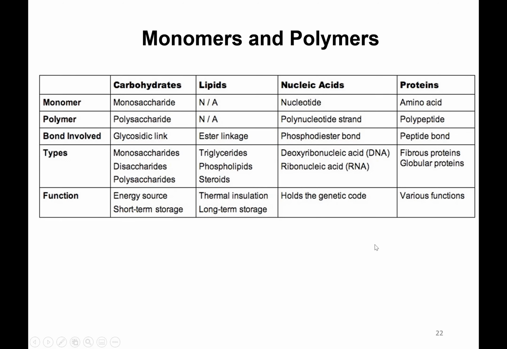I mentioned earlier that, for instance, proteins are made out of a monomer called amino acids.